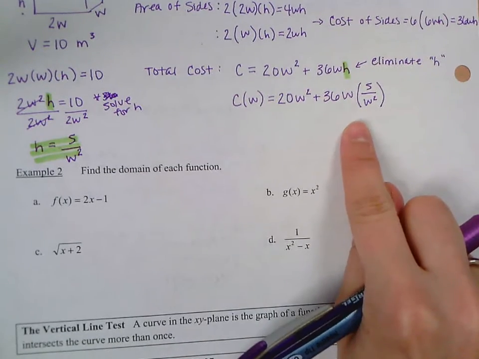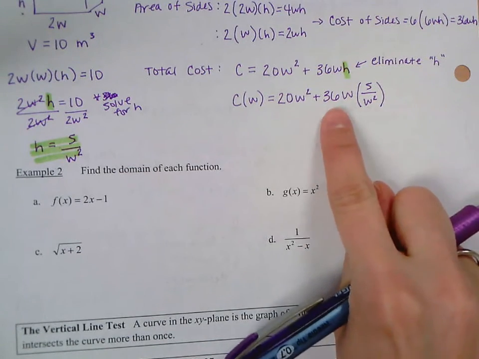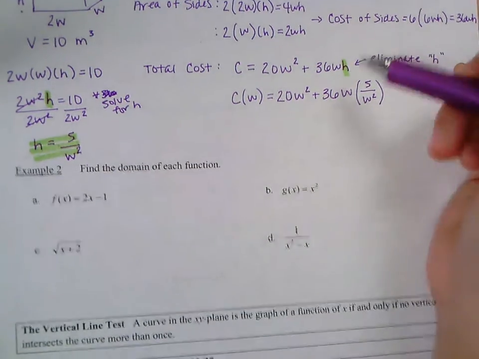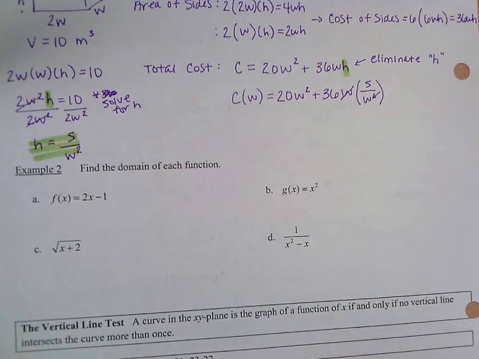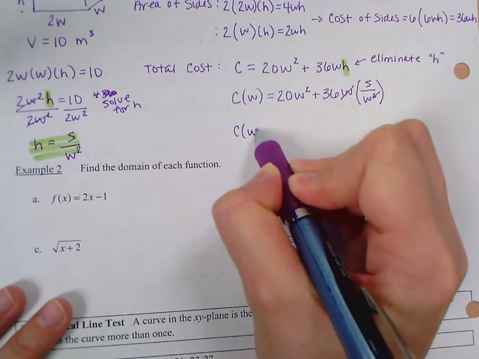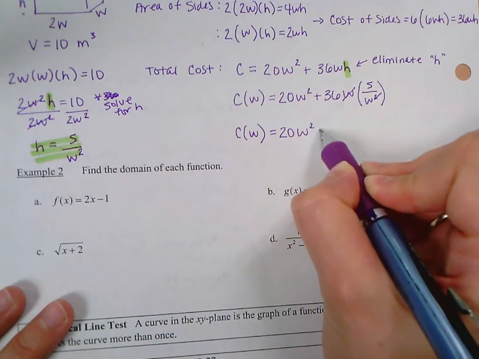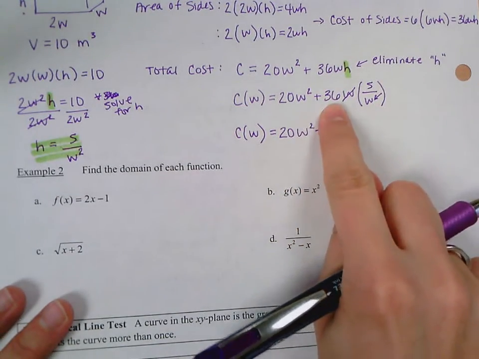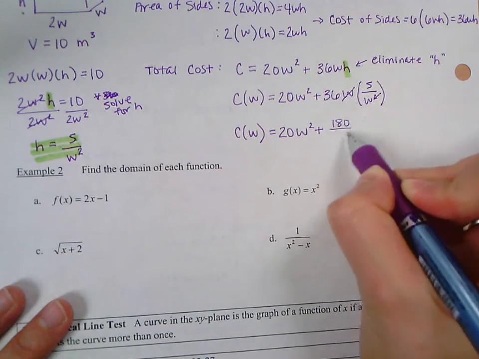Now again, I know this is simplifying. You would be able to simplify this. I can multiply the 36 and the 5. I could cancel out this W with one of them in the denominator, so I just have a W in the denominator. So C of W is 20W squared plus 36 times 5 is 180 over W.